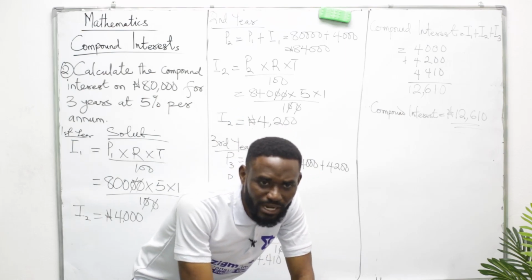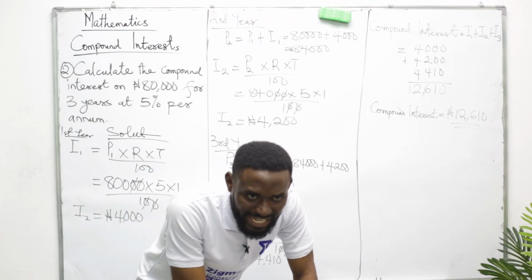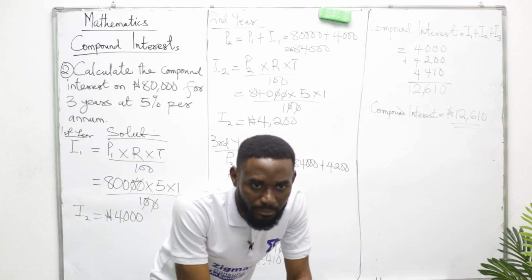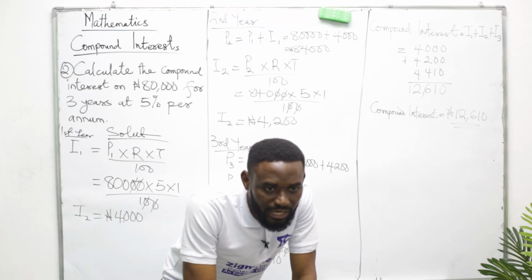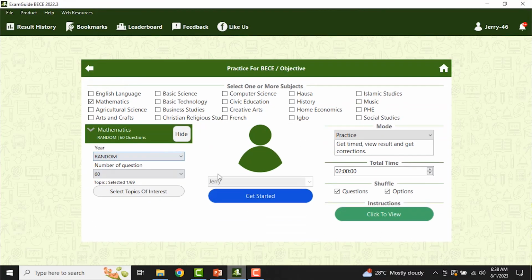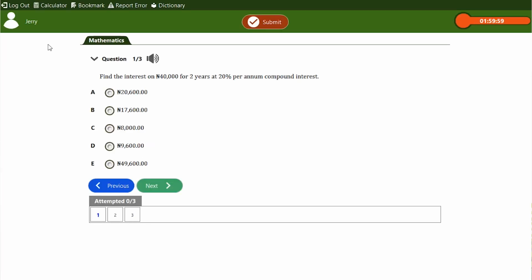Okay? So let's look at some examples from our Examguide app. Let's look at some random questions on simple interest. All right? So let's look at the first question we have there.